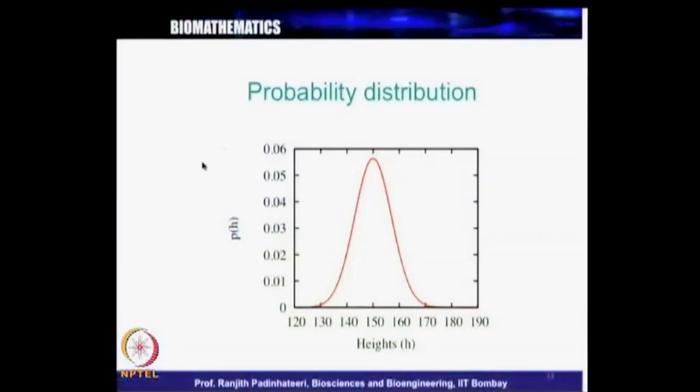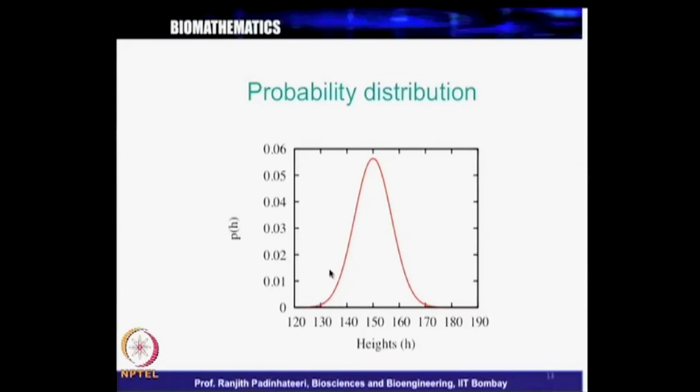Okay. So, now let us go back to the distribution that we had. We had a curve which looks like this. Now, what is the name of this curve which has this kind of distribution?